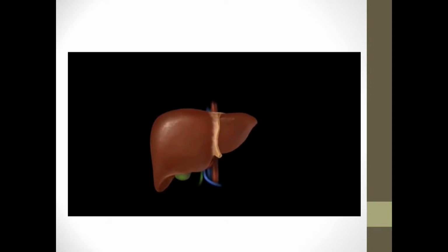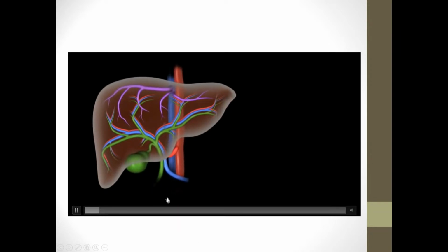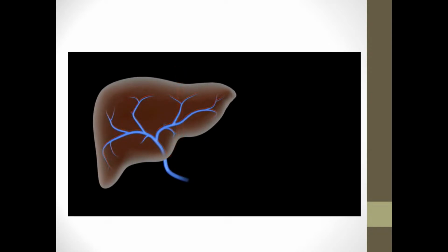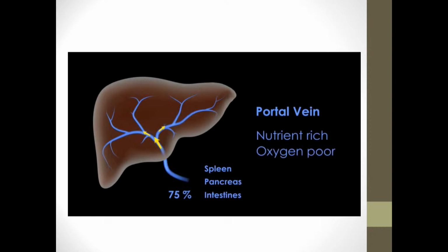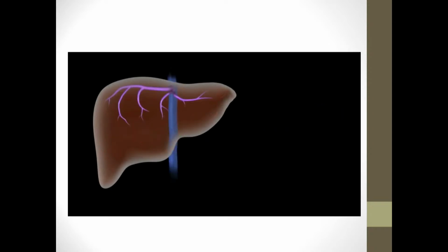So the liver, and you can see the gallbladder here, and this is the site where blood vessels and bile duct enter and exit. The portal vein carries blood from the spleen, pancreas, and intestines, and 75% of the blood is carried by the portal vein. 25% of the blood the liver receives from the hepatic artery, which carries oxygen-rich blood.